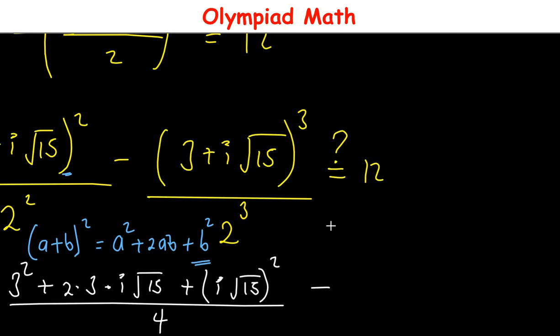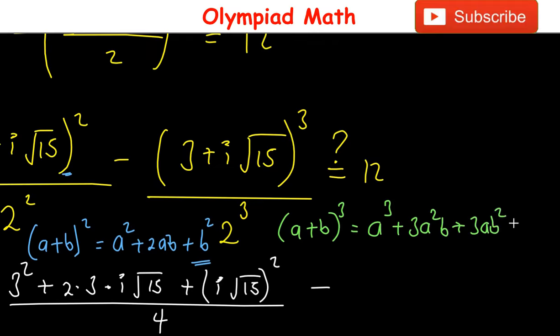Also applying this rule, if you have in brackets a plus b all raised to power 3, this equals to a cubed plus 3a squared b plus 3ab squared plus b raised to power 3.